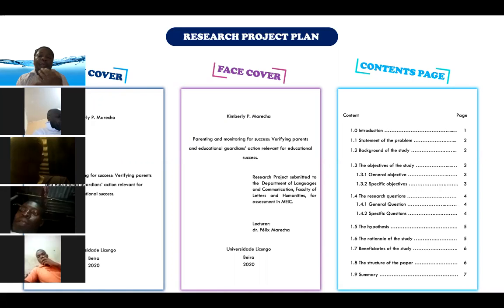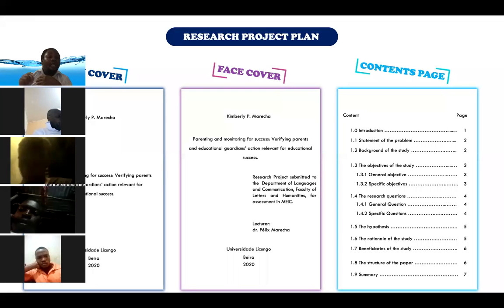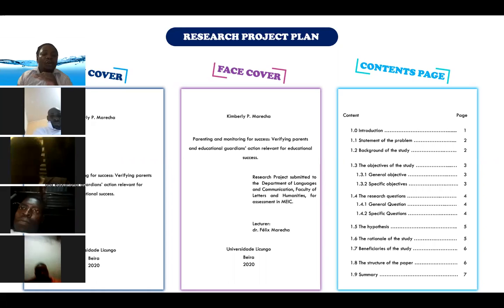So let's say your introductory section covers the whole of page 1, it means that the statement of the problem will be on page 2. Then after 1.1, we'll also find another item, which is 1.2, background of the study, which is also going to be on page 2. Mind you here, the number of the page depends on how long your content is.